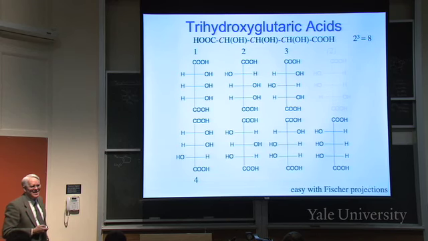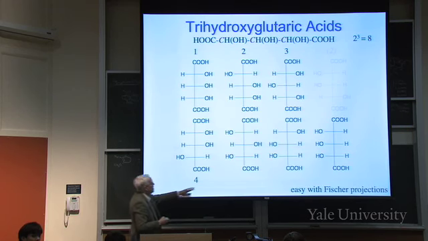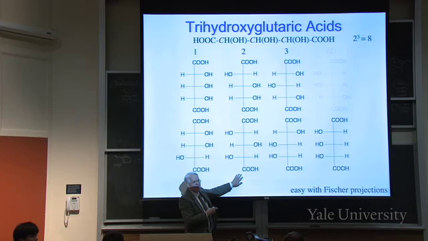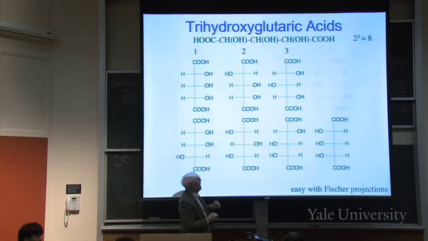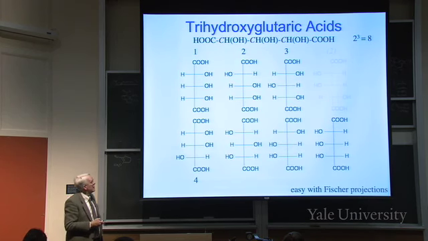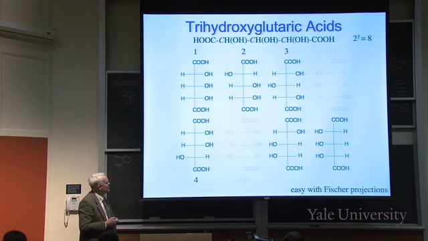Virginia, you got an idea? Does this one here look like any of the previous ones if we rotate it? Yeah, it looks like 3. Aha! If we rotate it 180 degrees, it's like 3. So forget that one. How about the next one? Does it look like anybody we've already seen?